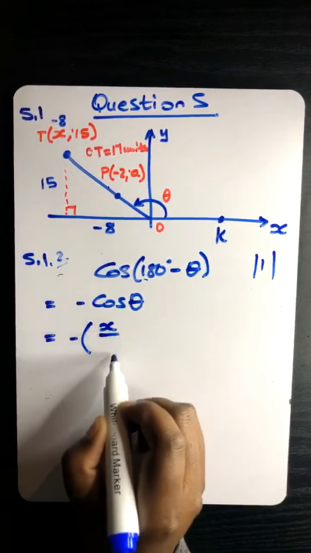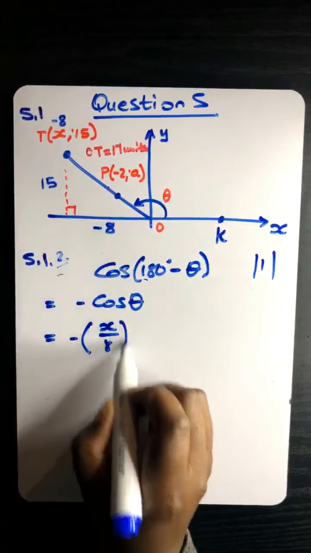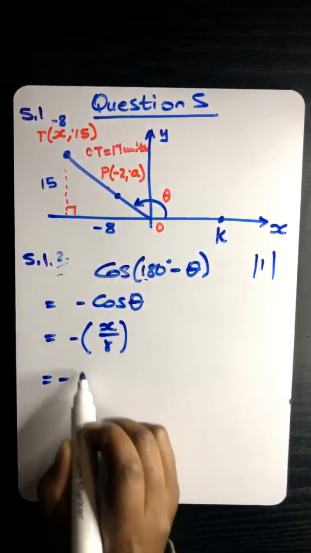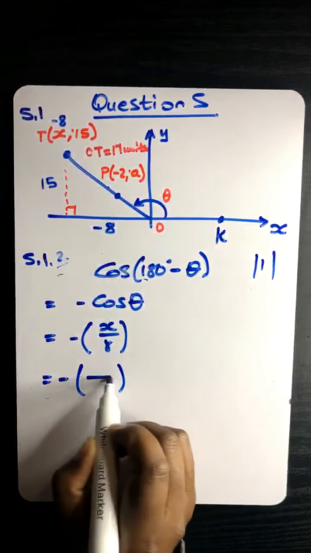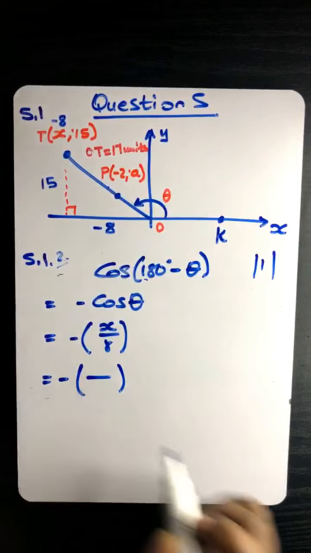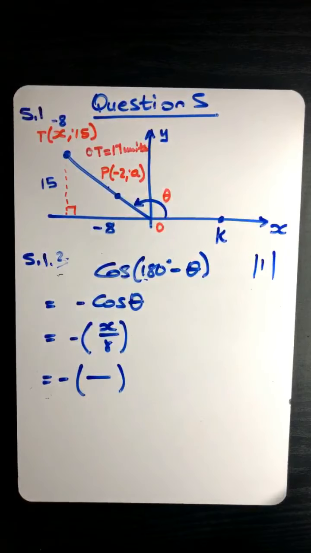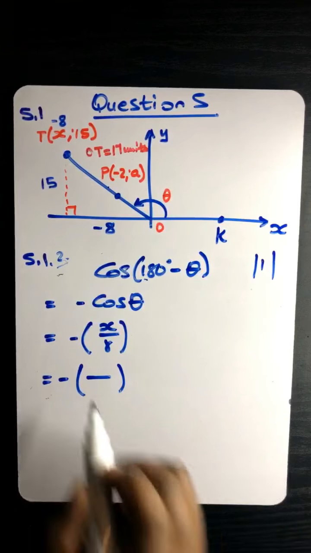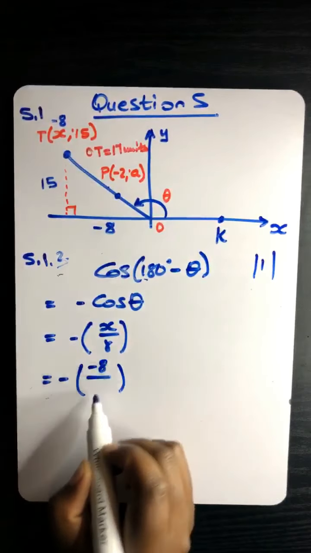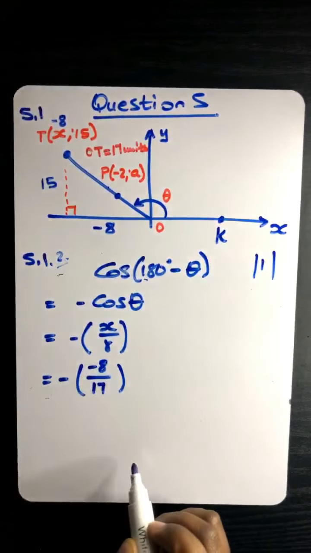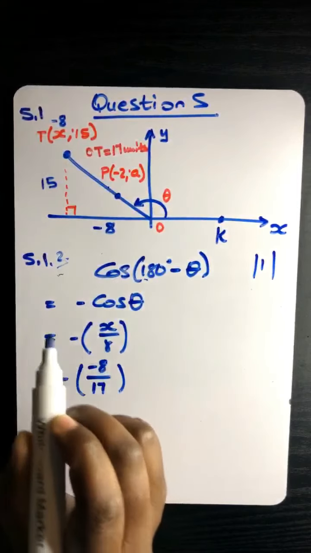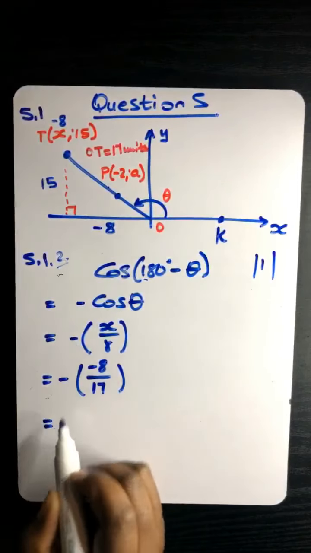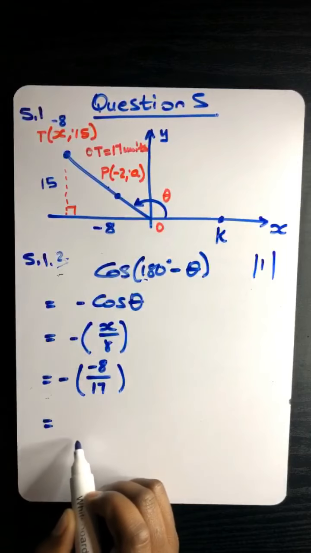Then we have x over r. So now we have that negative. What is the value of x and what is the value of r? The value of x is -8 and the value of r is 17. So we have negative 8 being x and r being 17, which means this times that becomes positive.